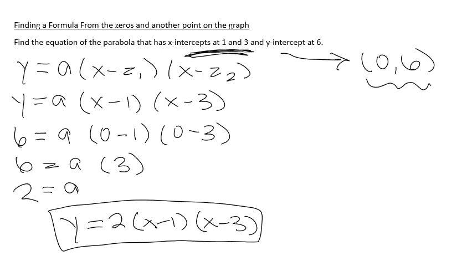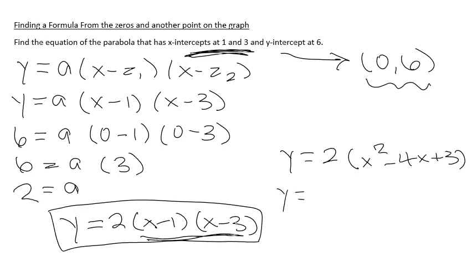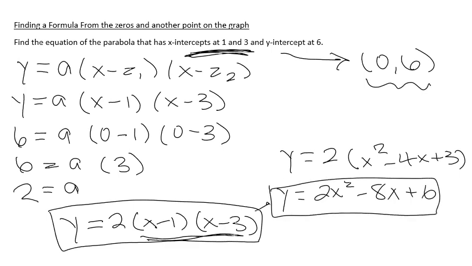So I'm going to do that just so you can see it, but it is not necessary. y equals 2 times, I'm foiling these two back together, x squared minus 3x minus 1x makes minus 4x plus 3. Distributing the 2, 2x squared minus 8x plus 6. These are equivalent forms of the equation, just two different forms.